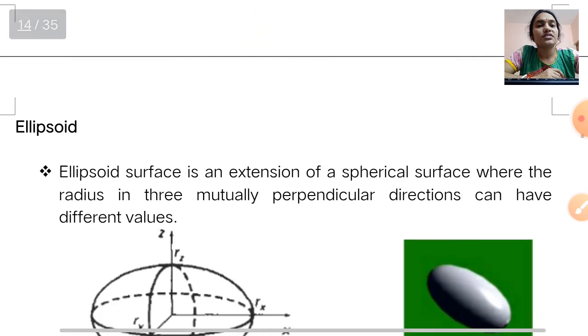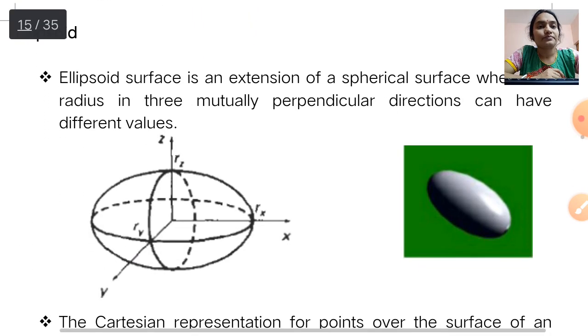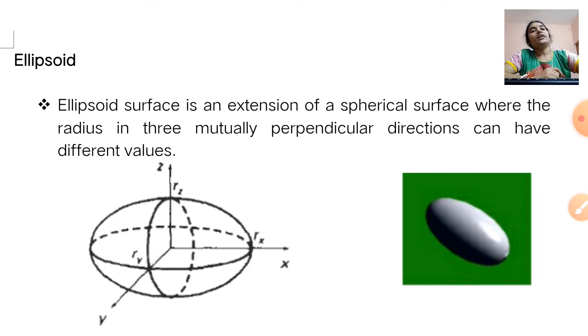Next we discuss the ellipsoid. An ellipsoid surface is an extension of the spherical surface, where the radius in three mutually perpendicular directions can have different values.